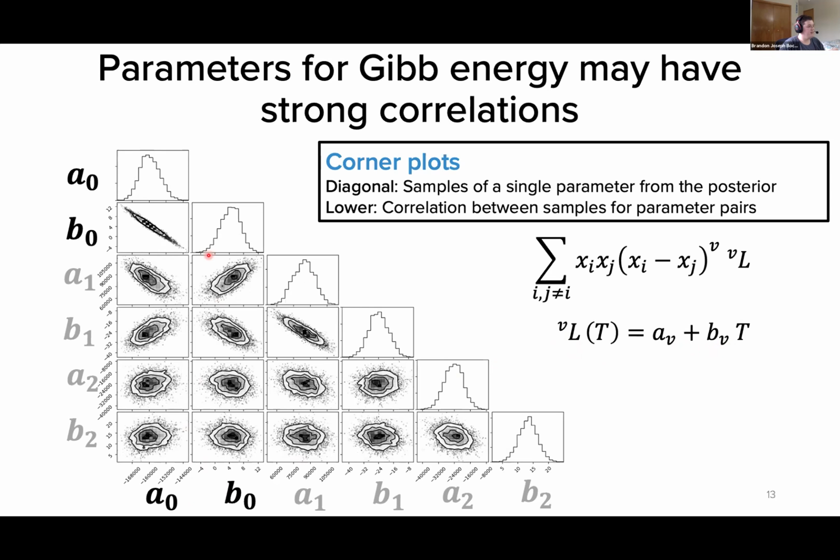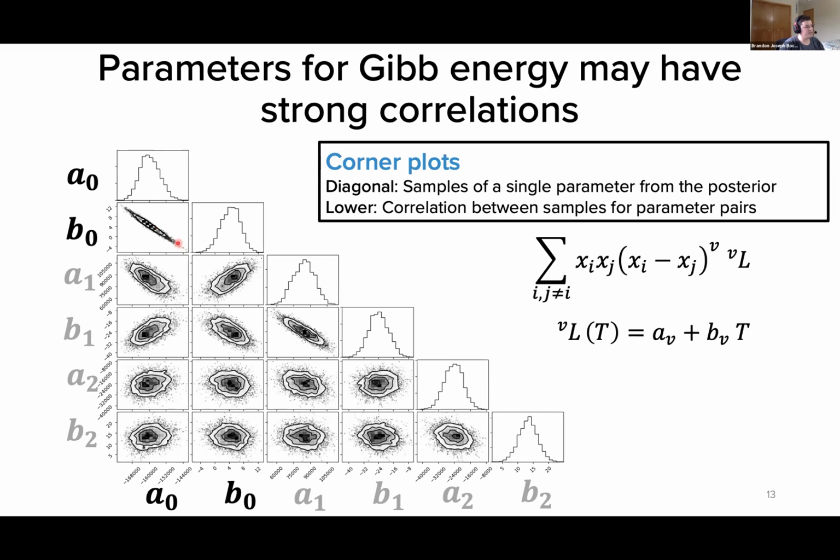And so again, for this A0 and B0 term, under the diagonal are the correlations between any two parameters. We can see very clearly here that A0 and B0 are highly correlated.